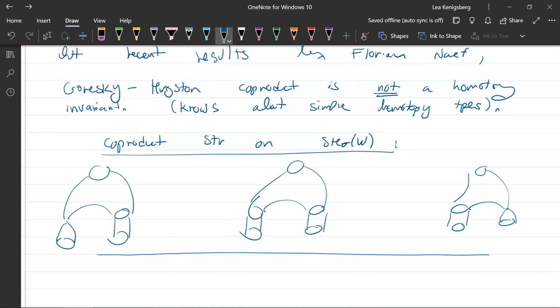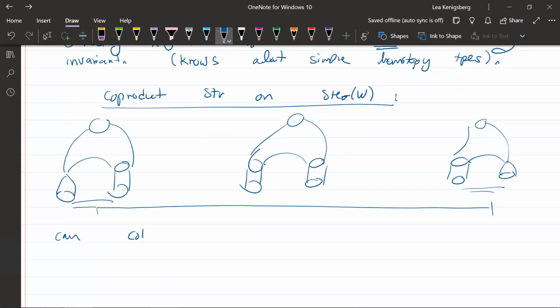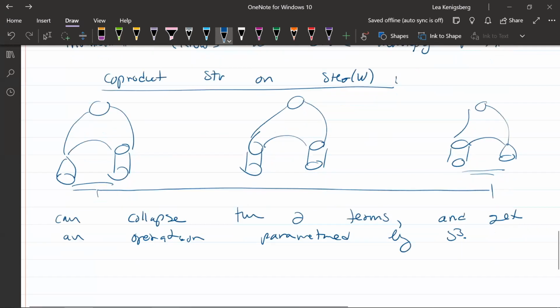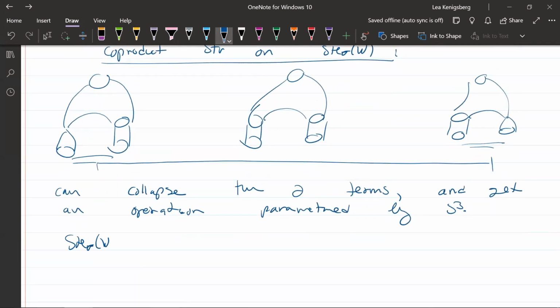Now the BV operation kills these boundary terms, and you can collapse the boundary terms and get an operation parameterized by S^3. So this operation is now defined on all of symplectic homology. Are there any questions?